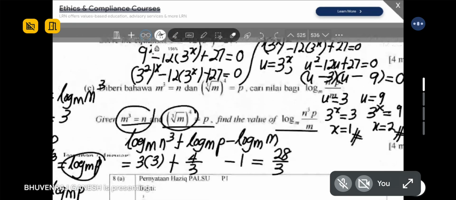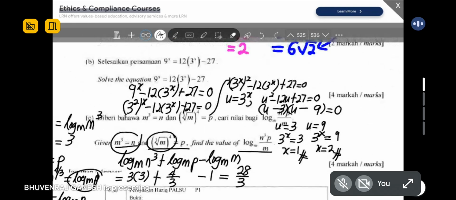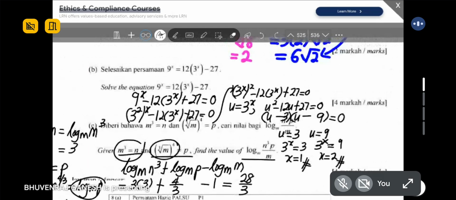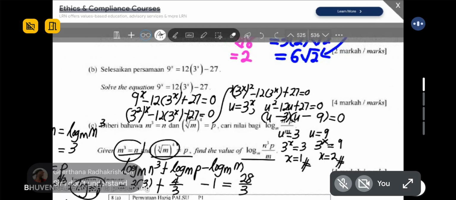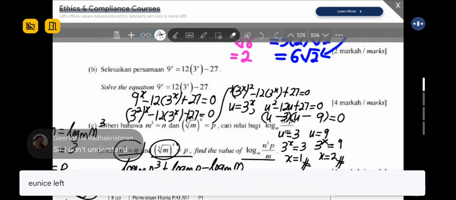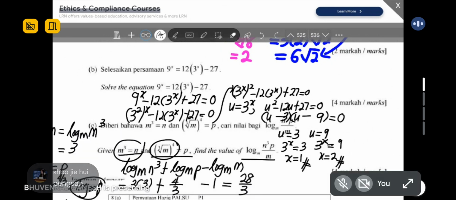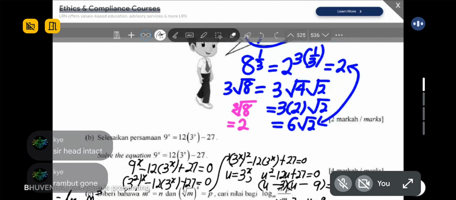How to solve it? All can? Your head spinning or still okay? Honestly, tell me. Is your head still okay? All still intact? Still can? Wait, cannot. Jie Hui, maybe you never do enough admits yet, but please start to do more questions like this.